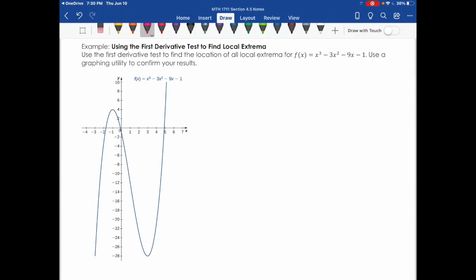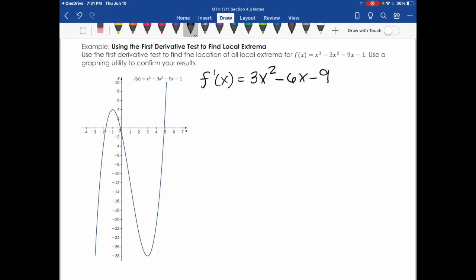So let's look at this first example. We have the graph of the function x to the third minus 3x squared minus 9x minus 1. So we want to take the derivative and find the critical values. That's the first step.